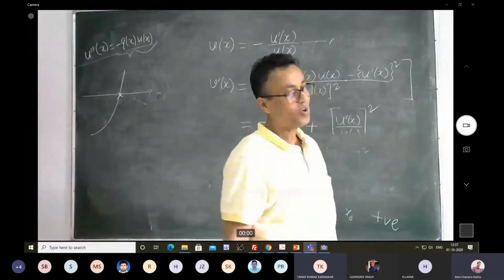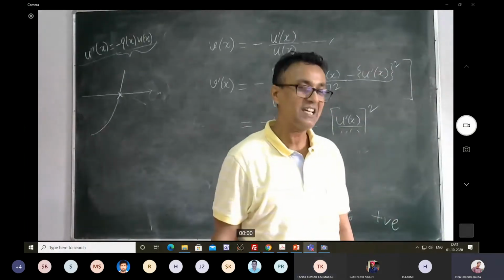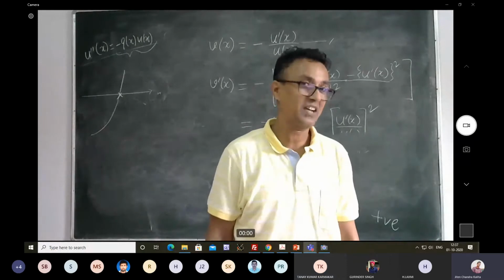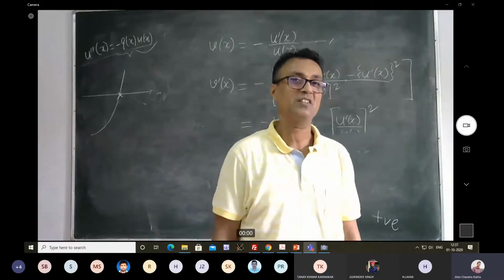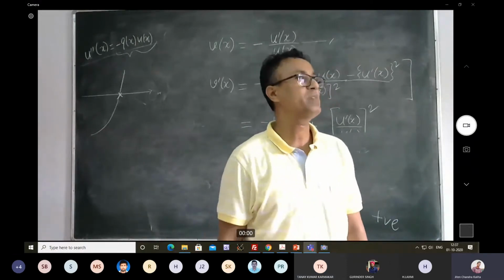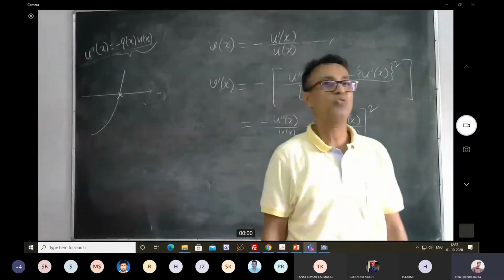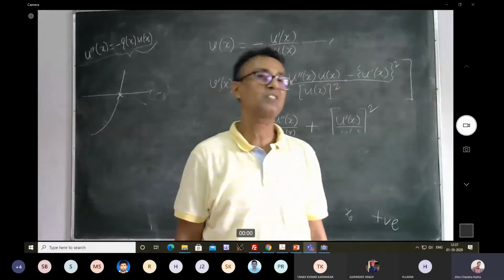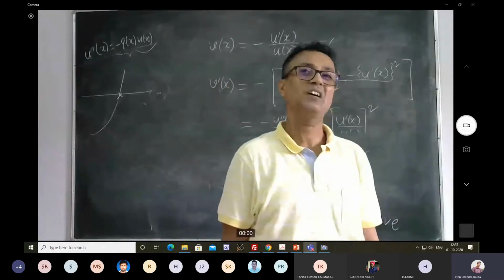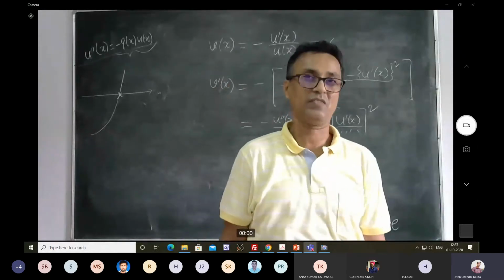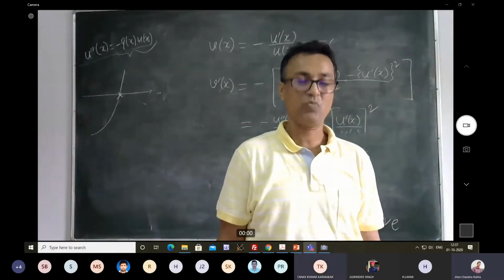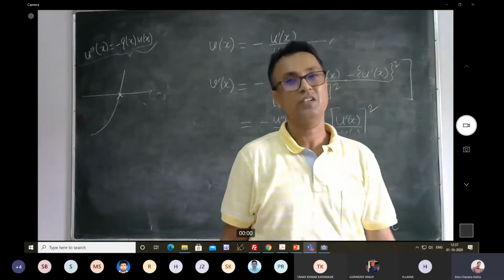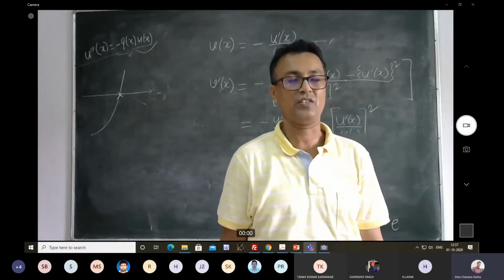Although they say it is only along the positive x-axis, I think this can be applied towards the negative x-axis also, because you can always use some kind of shifting. But if you want to stick to the theorem, it is only along the positive x-axis.